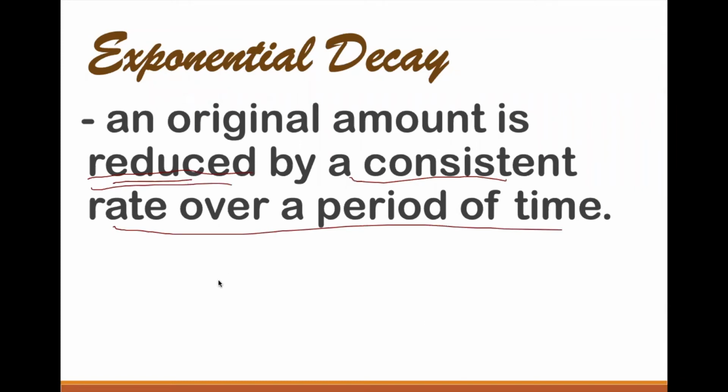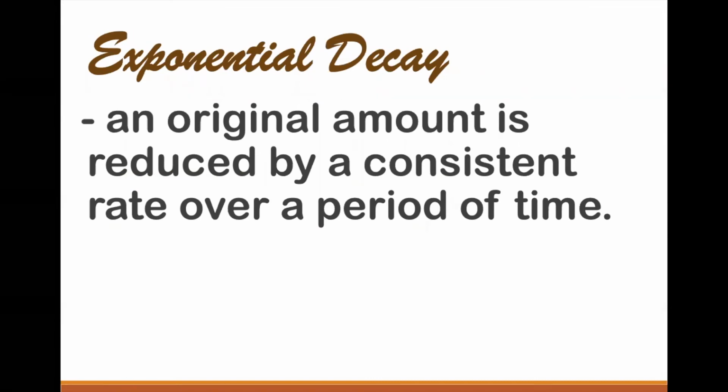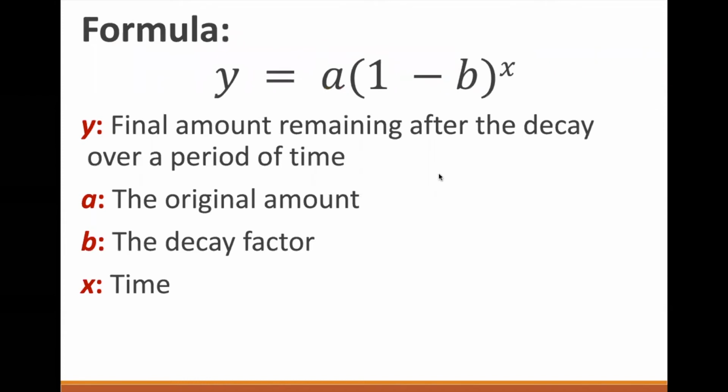So reduced, meaning it's decreasing. So the formula y equals a times (1 minus b) raised to x. Here, y is our final amount remaining after the decay over a period of time. a is the original amount, b is the decay factor, and x is the time.